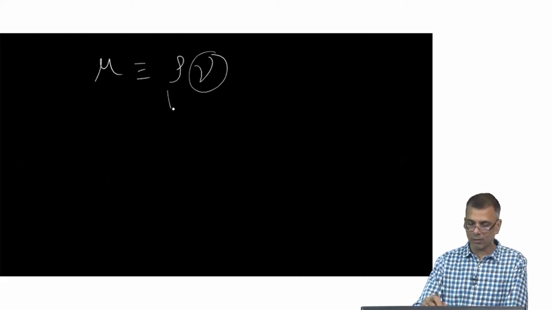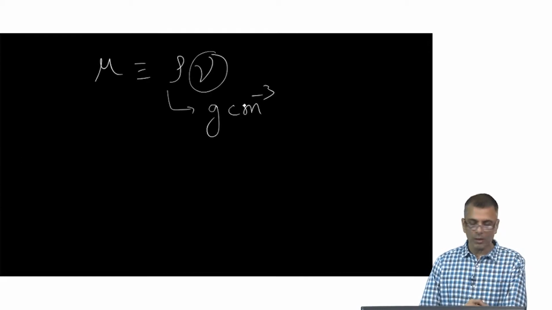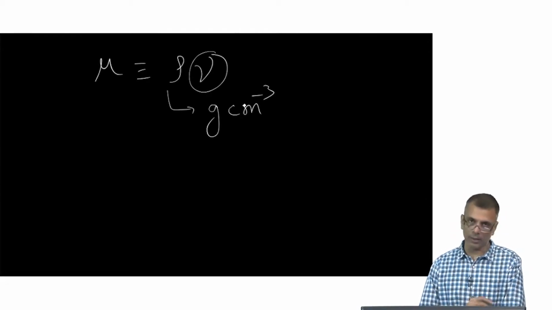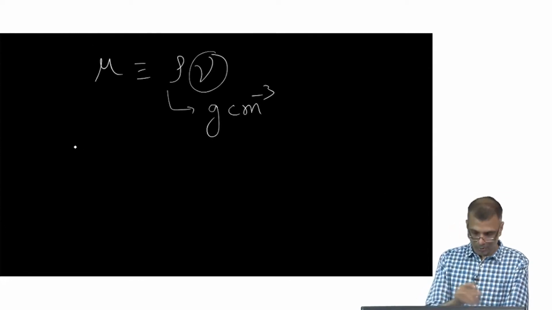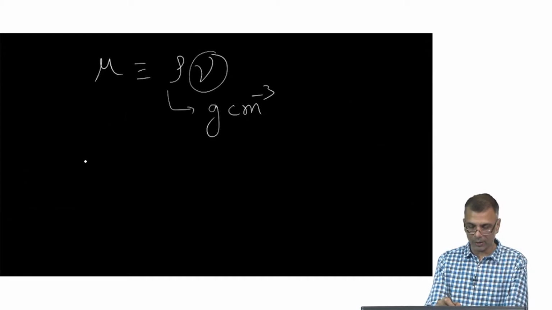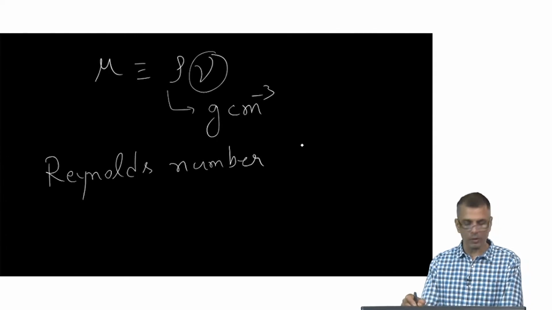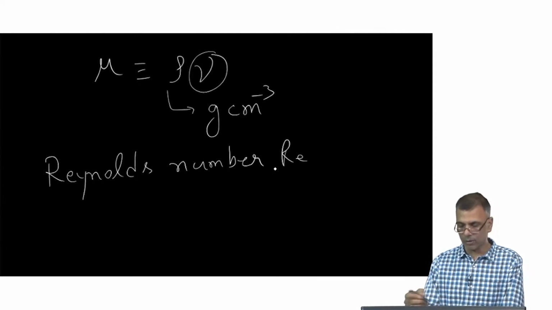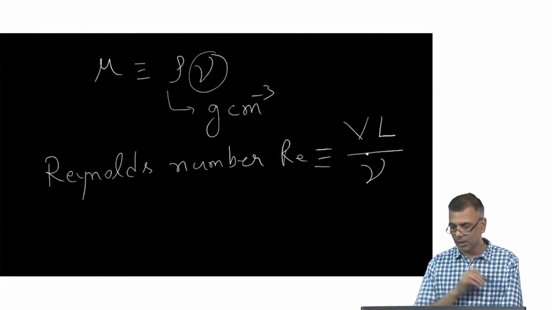One easy way to see this: towards the end of our discussion we said that the Reynolds number, often given the symbol Re, is defined by a characteristic velocity times a characteristic length divided by nu.